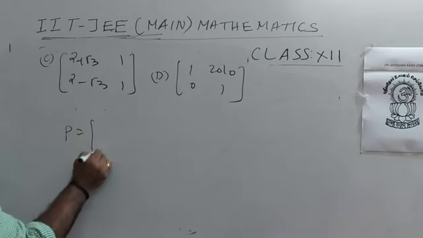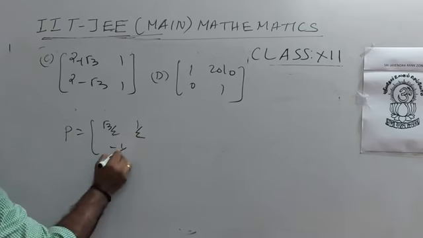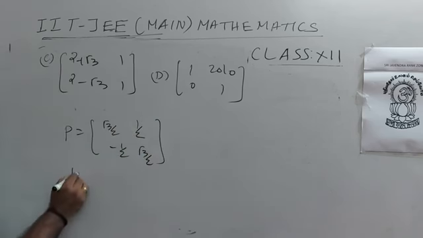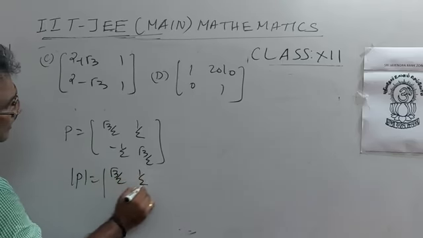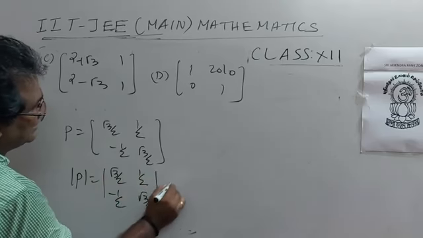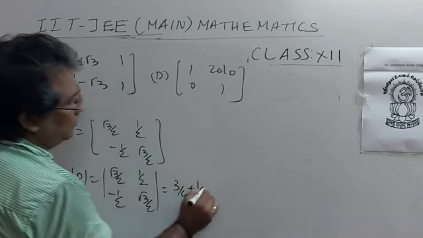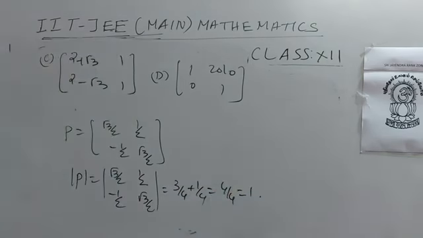So P is given as [root 3 by 2, 1 by 2; minus 1 by 2, root 3 by 2]. First find the determinant of P. That is 3 by 4 plus 1 by 4, 4 by 4, equal to 1.